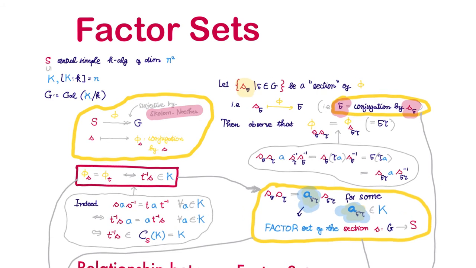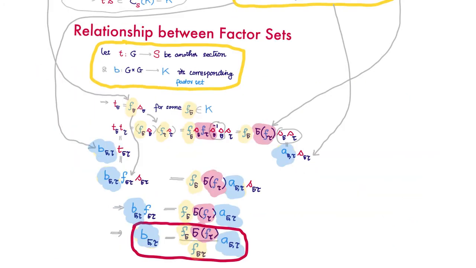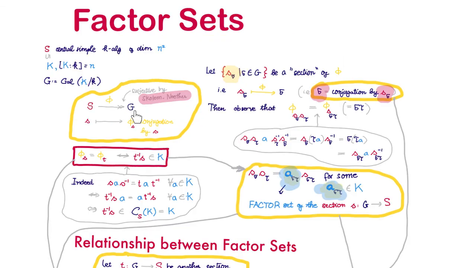Well, the factor set is uniquely determined by this section S, but this section S is not uniquely determined by this central simple K-algebra S. So let's see what happens if we choose another section. Let T be another section of the map phi. That is, for every sigma, we want T sigma to be an element in the fiber over sigma. That is, conjugation by T sigma should be equal to sigma on K.